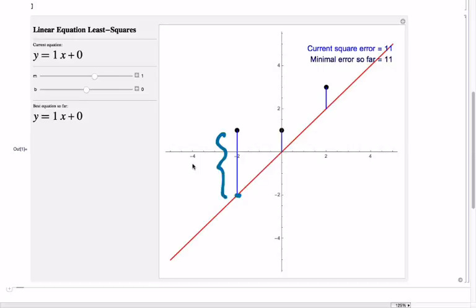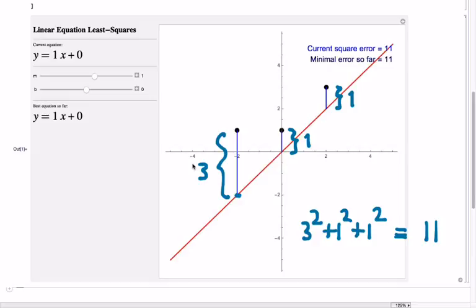So, for example, this distance would be, what would that be? From -2 to 1, so that's 3. This distance right here would be 1. And this distance over here is also 1. If I take those differences and I square them and I add them up, 3 squared plus 1 squared plus 1 squared, I get 11.